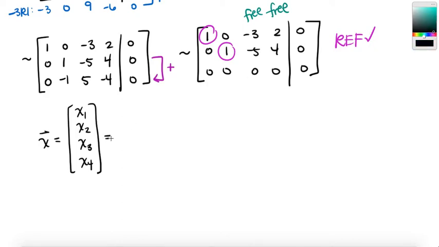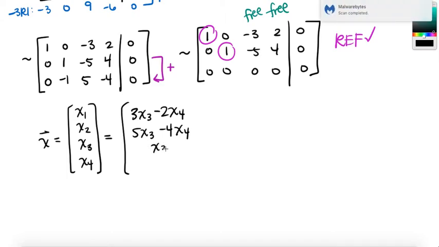Okay, so x1, we'd have 3x3 and 2x4 on the left, but we move those over to the other side. So that's -3x3 minus 2x4. I said x2 earlier, but I meant x4. And then x2 is going to be 5x3 minus 4x4. x3 and x4 are free.